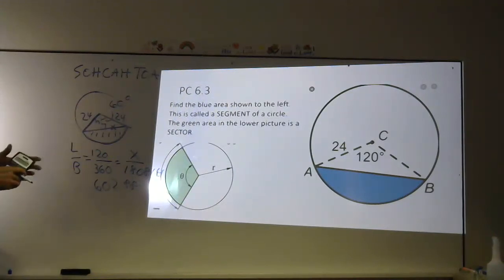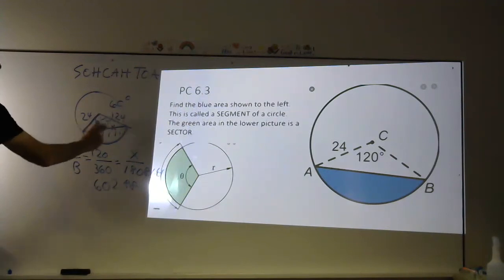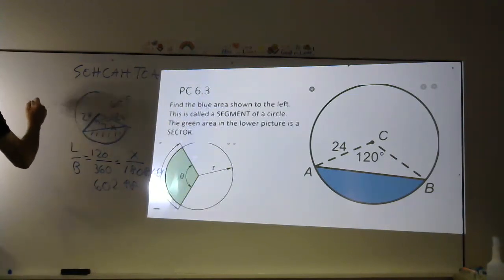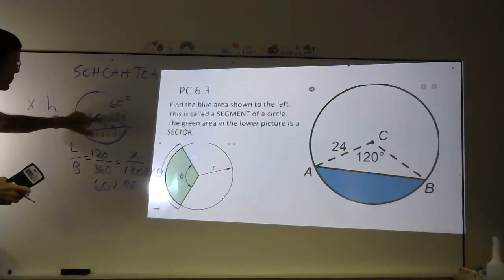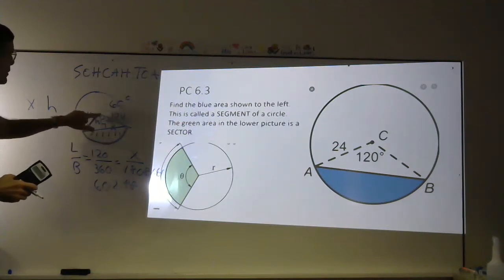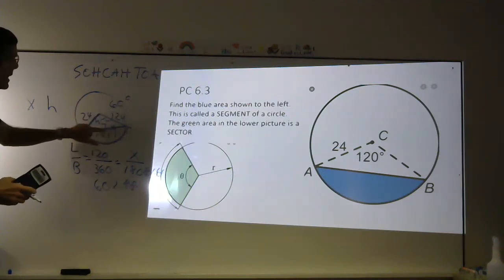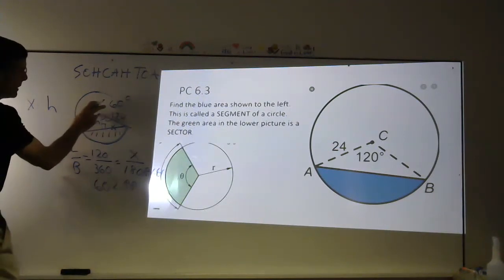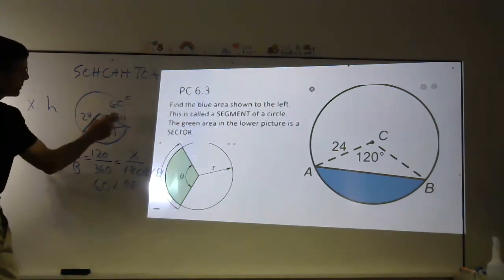How do you find a triangle? 1/2 of the base is x, times the height. So I need x and h. I know this angle is 60. So if this is 24, I can get my x by doing the sine of 60. Can you see it? Sine of 60 is opposite over hypotenuse.